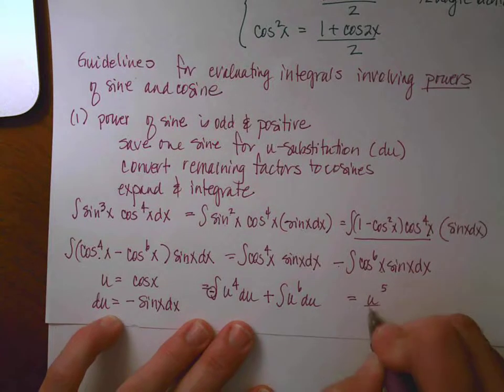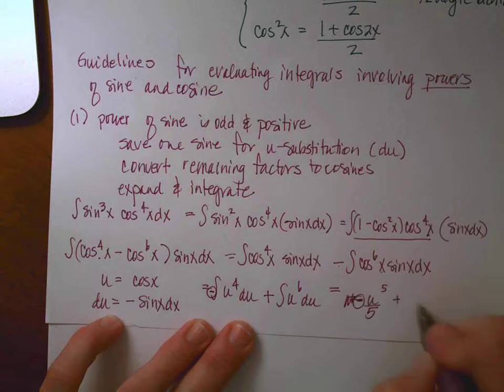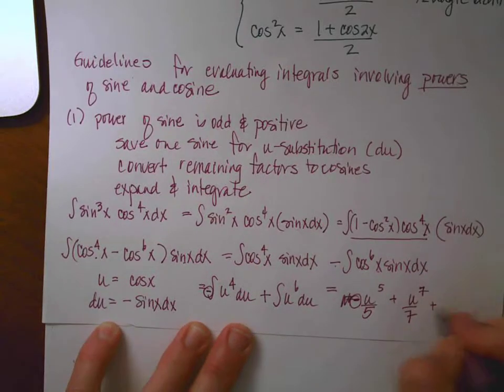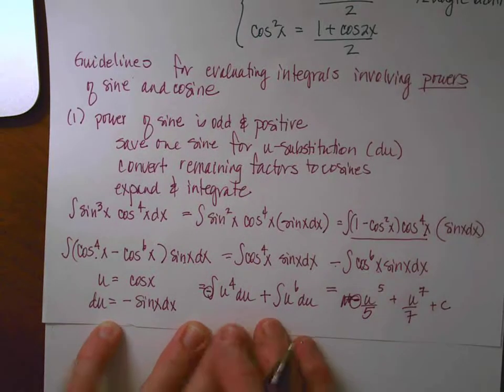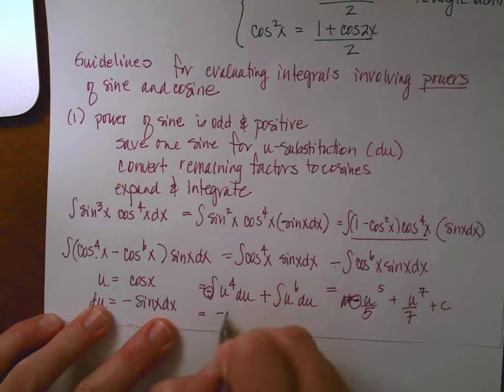Well, now those are super simple, so this is u to the fifth over 5, plus, that guy's minus, I'm going to move my equal sign over. There's my minus. We'll circle him again. u to the seventh over 7, plus c. And then I'll substitute everything back in. So my u was the cosine of x.